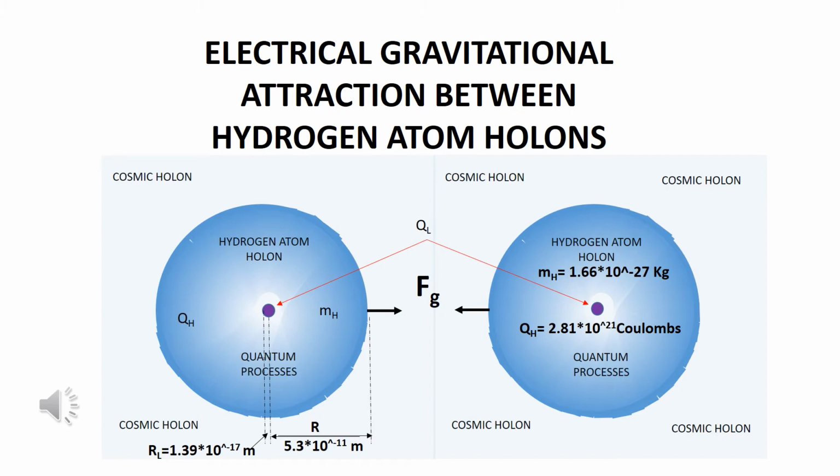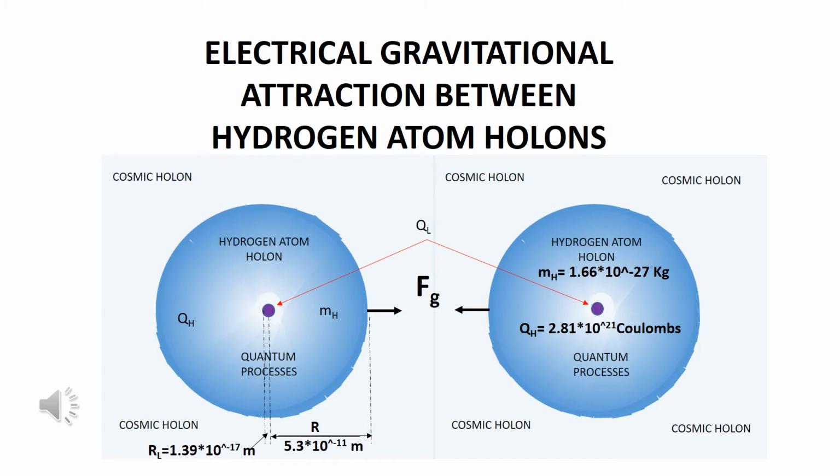We can also propose that in a similar way to the Casimir effect, the quantum charges in a very small region inside each hydrogen atom holon exceed the speed of light, and these regions are represented in purple. From earlier in this series we calculated that these regions have a radius of about 1.39 times 10 to the minus 17 meters.